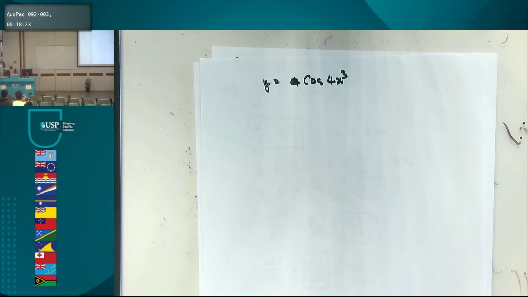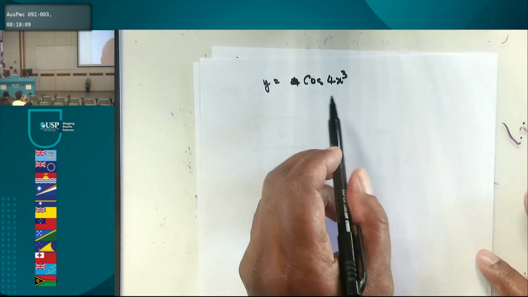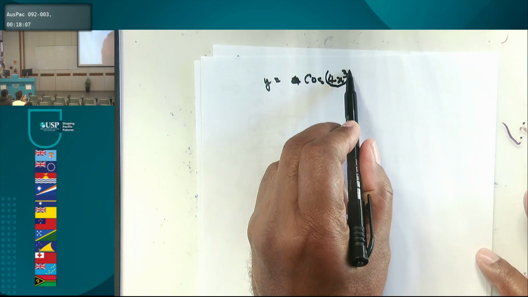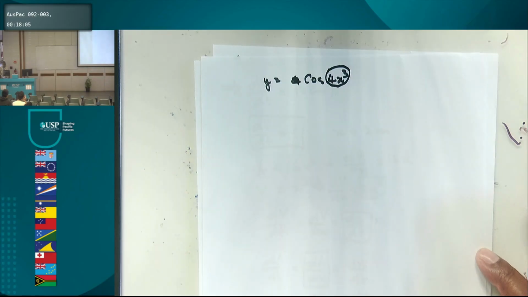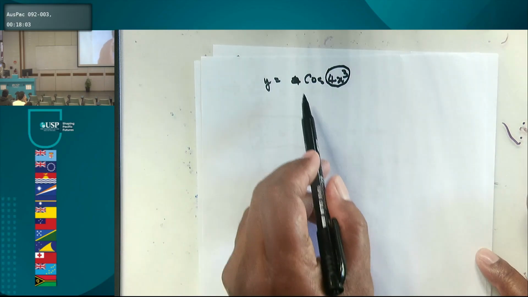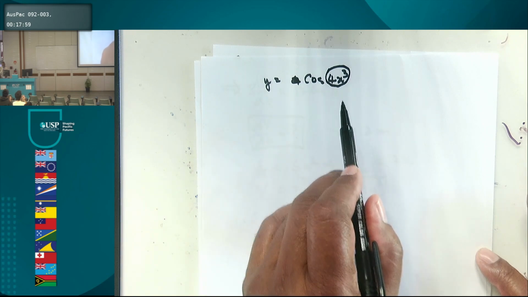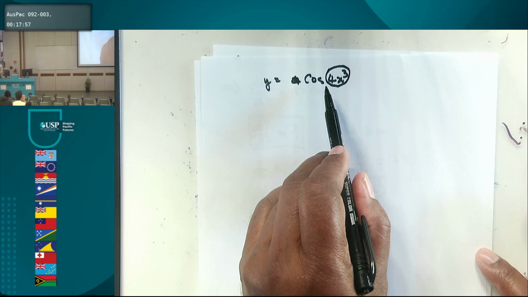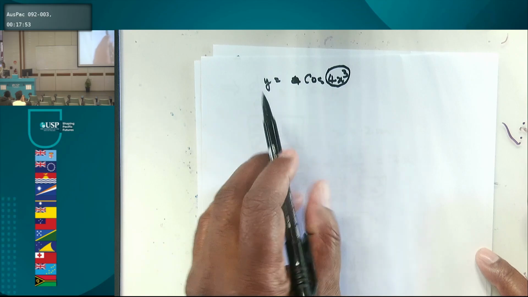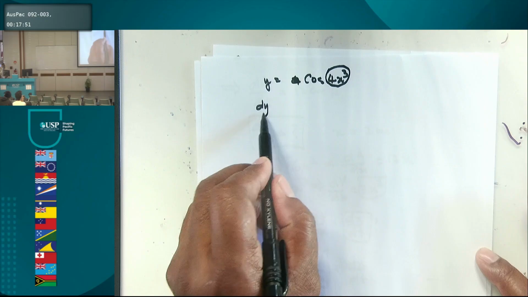Because I can identify an inner function and an outer function. So what would be the inner function here? For me, this would be the inner function, and the outer function is cos x. So that means, what technique shall I use here? Chain rule.